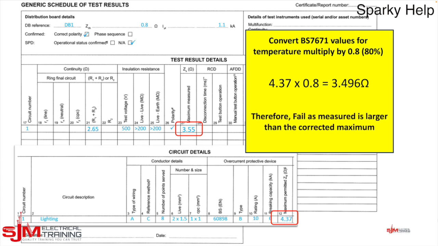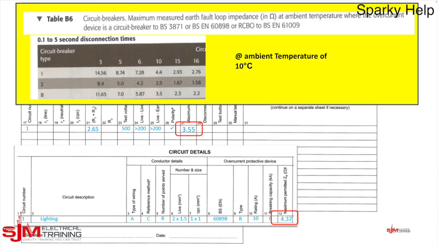Therefore, this circuit would fail if we used the rule of thumb. And the rule of thumb, remember, is a basic guide. If we look at the on-site guide value, we can do a direct comparison. We would see straight away, without using any multiplication whatsoever, that the maximum value was 3.5. We are 3.55, and technically this fails. And this would have involved no calculation at all.